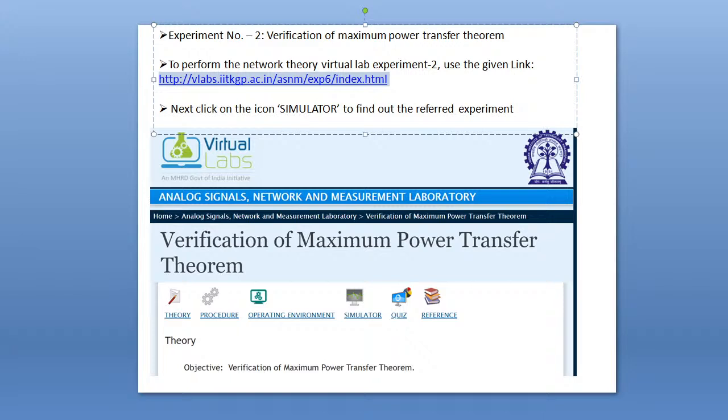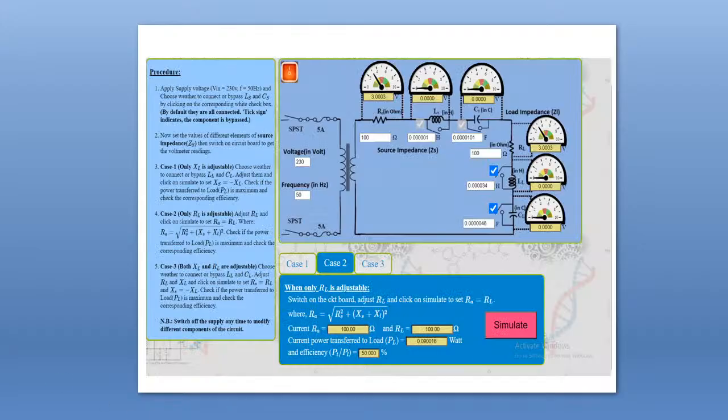After that, read the procedure for this experiment and make the connections according to the instructions given in the slide.